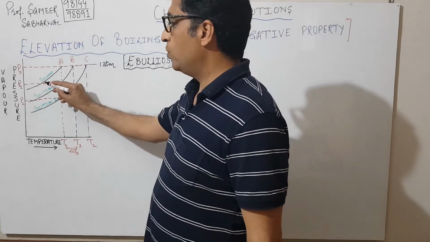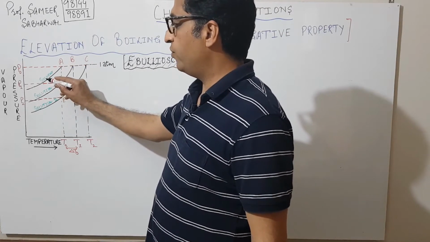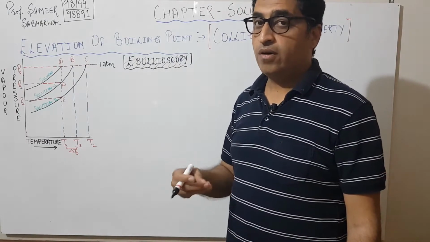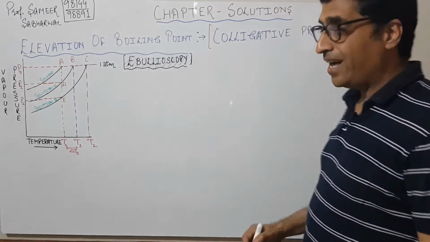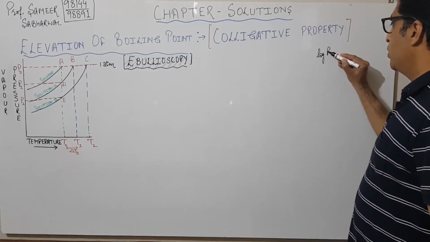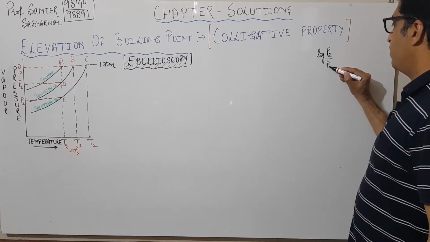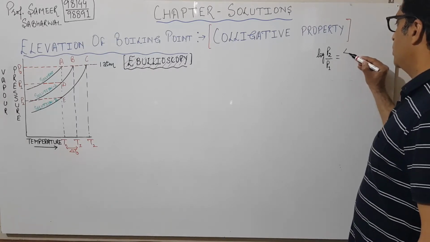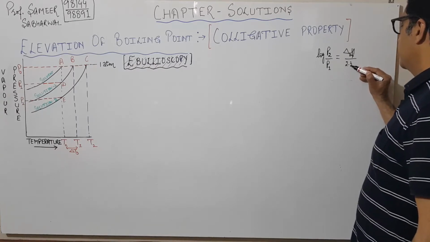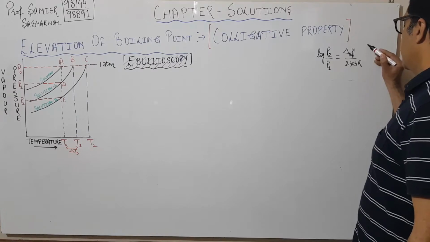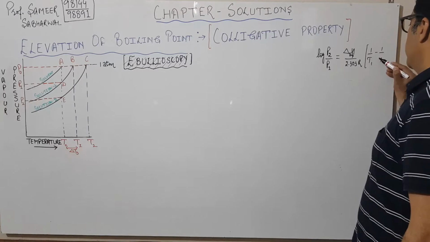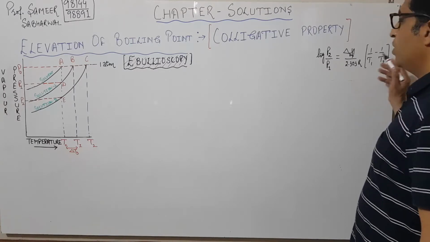And if we want to know the variation of vapor pressure of solvent or any liquid with temperature, then that can be determined with the help of an equation, that is log P2 by P1 is equal to delta H vaporization, where R is a gas constant and T1 and T2 are two different temperatures.